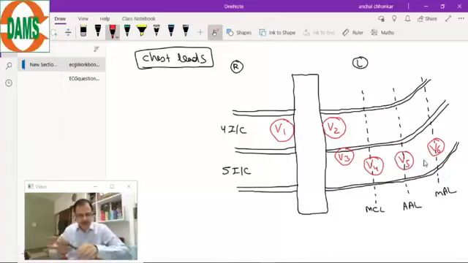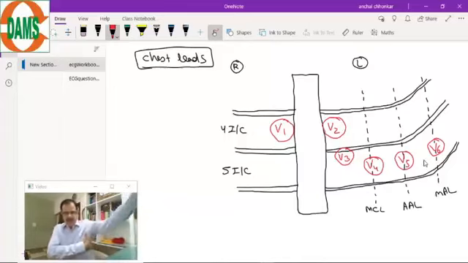So these are the placement of the chest leads, and it is very important, whichever side you are placing these leads, that will tell the pathology of underlying heart structure, underlying heart wall. For example, if there is the lateral wall, if you can see axilla, here is the lateral wall of the heart. If we want to see a lateral wall MI, I will use the leads which are placed in the axilla, and those leads will be V5 and V6.